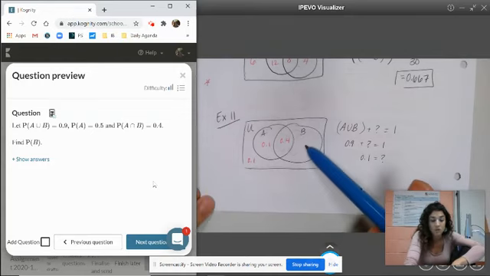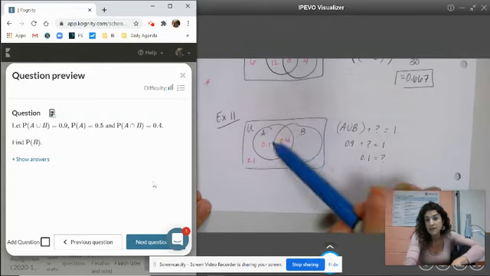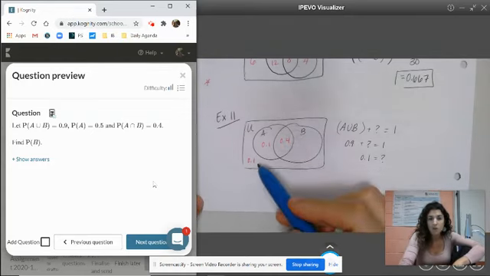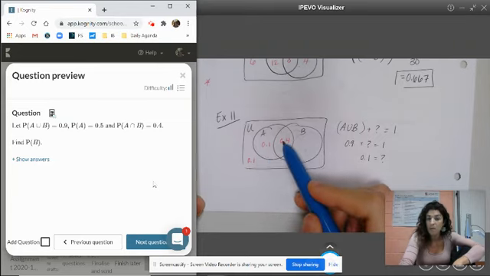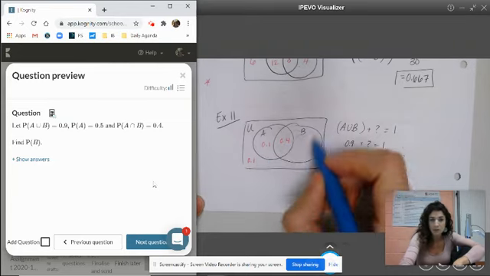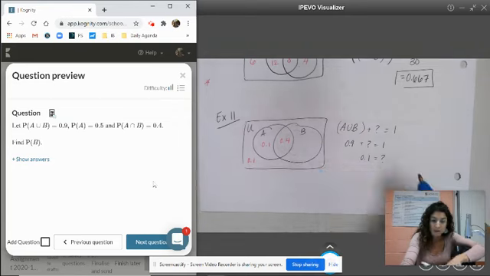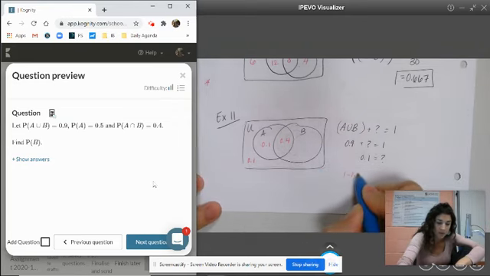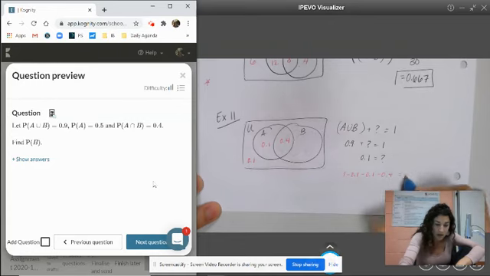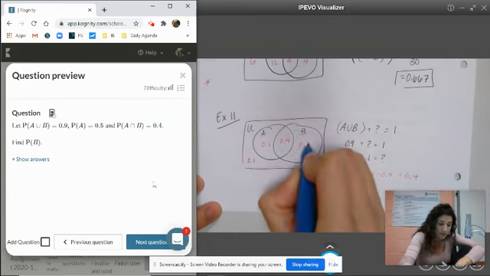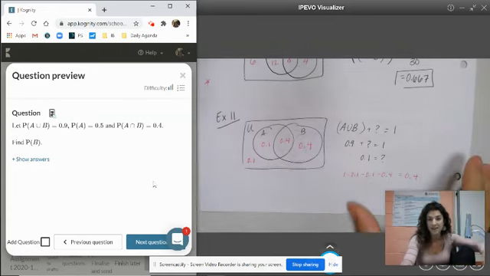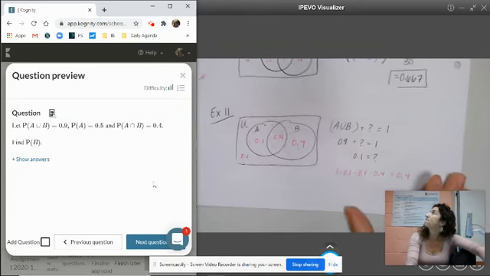And then we just have one missing piece, which is the probability of B and not A. Well, 0.1 plus 0.1 plus 0.4 is 0.6, which means my remainder, in order to get me to 1, 1 minus 0.1 minus 0.1 minus 0.4, must be 0.4. So 0.4 is in this guy.